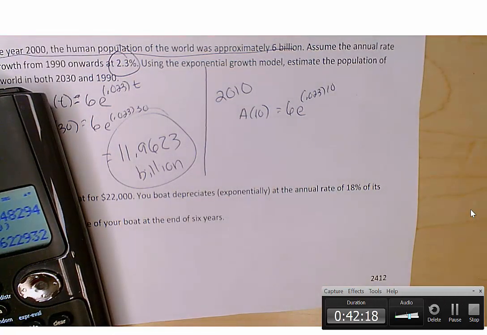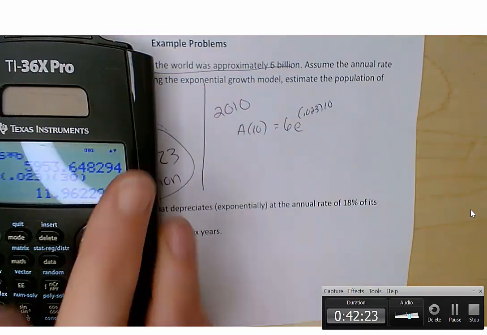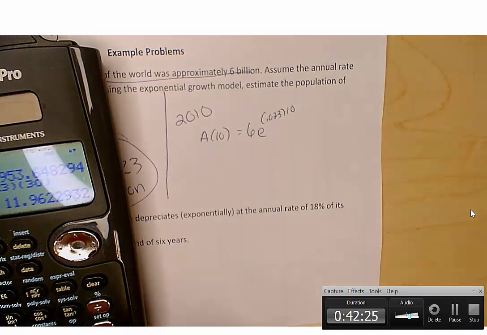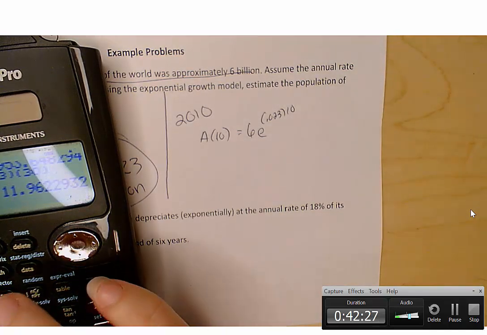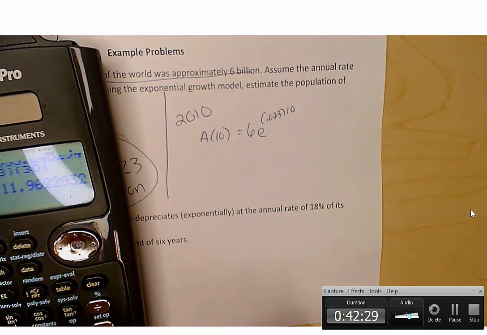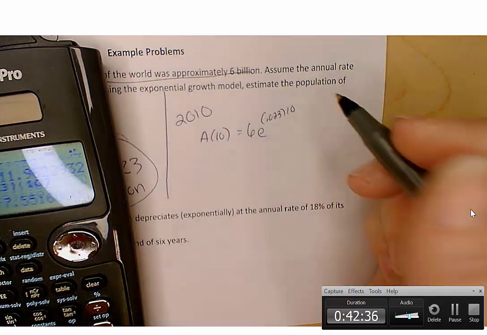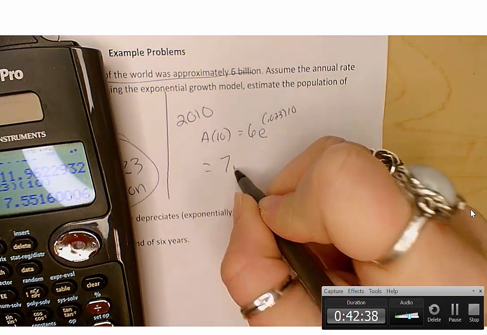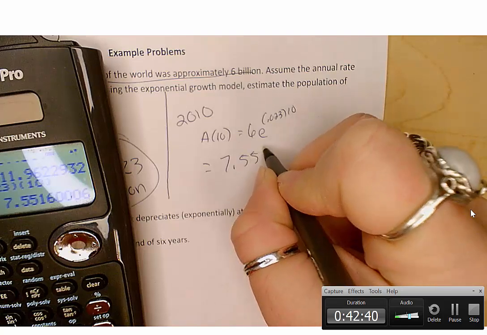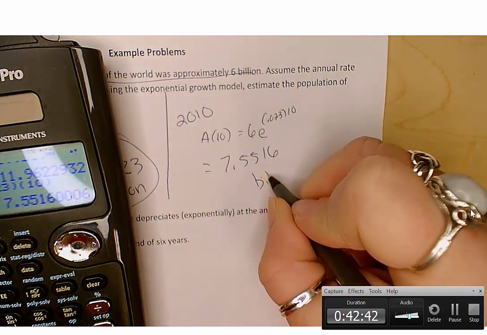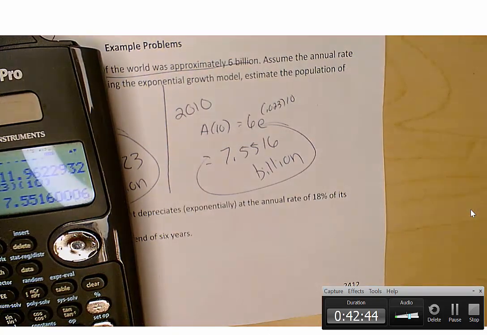Now, if we do the same thing for 10, that's 6 billion times e raised to the 0.023 times our 10. It looks like this is going to be 7.5516 billion people in that time.